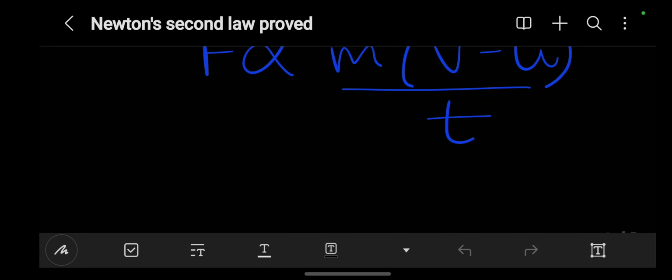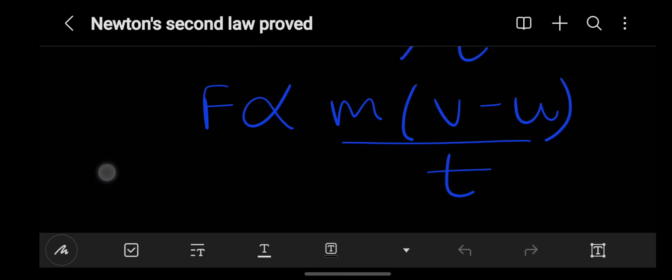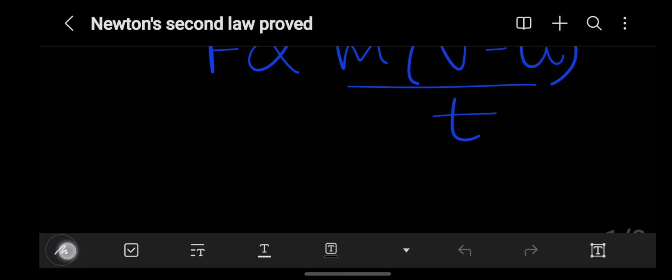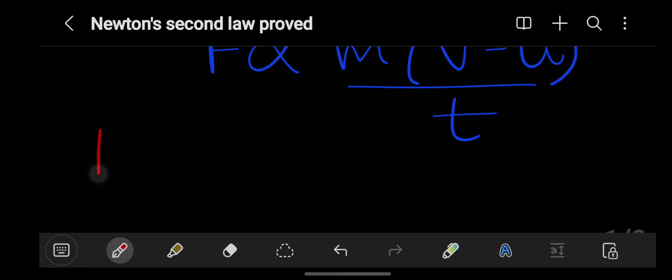In order to remove this proportionality symbol, we use the universally accepted constant k. Just write it down, and the value for k is 1. In all systems it's the same.